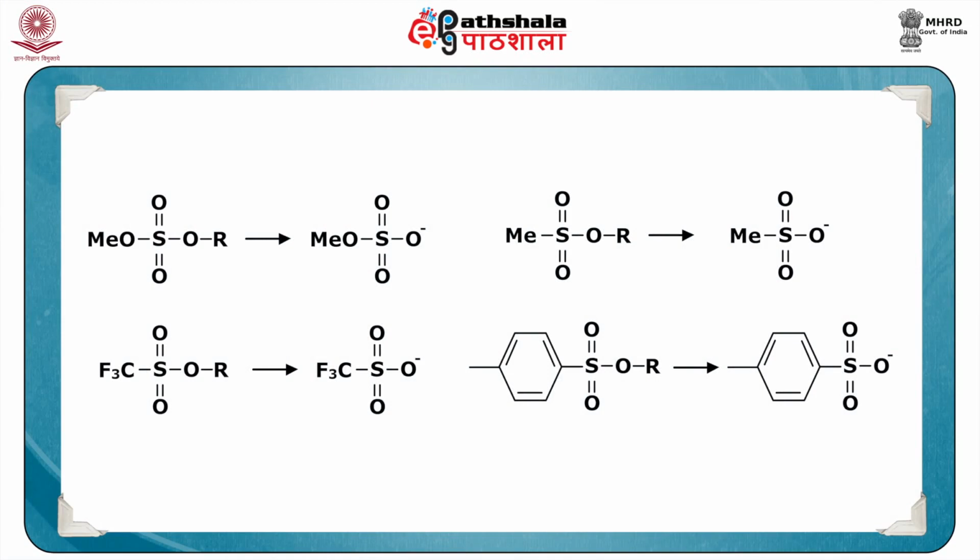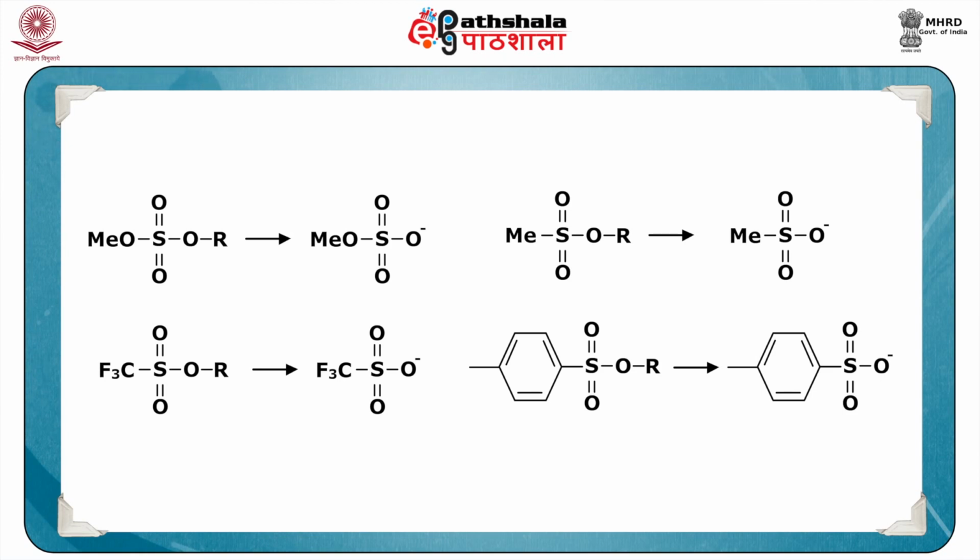From these structures, you can see the various sulfur derivatives of the types ROSO3 minus and RSO3 minus as the leaving group. The alkyl sulfates and sulfonates, like the ones shown here, form excellent leaving groups, and this is due to the formation of a resonance stabilized structure when they are leaving.